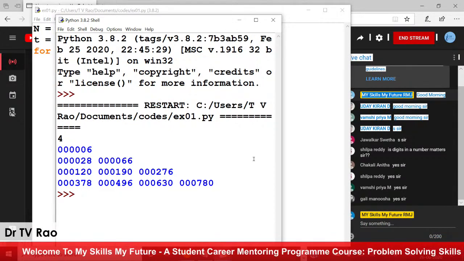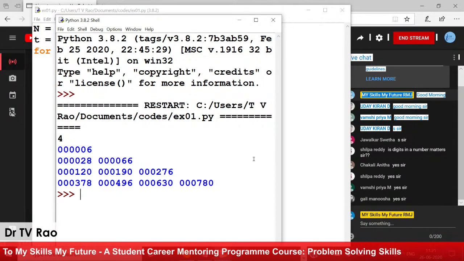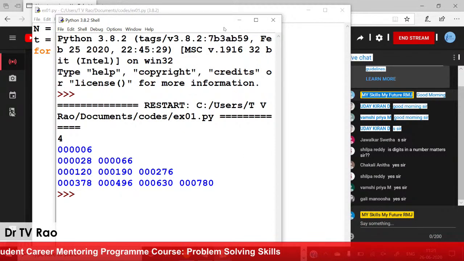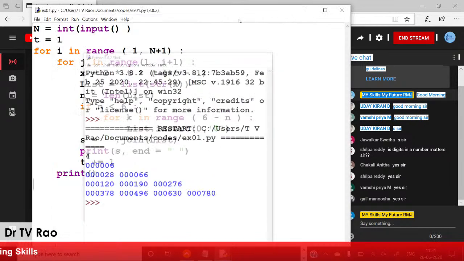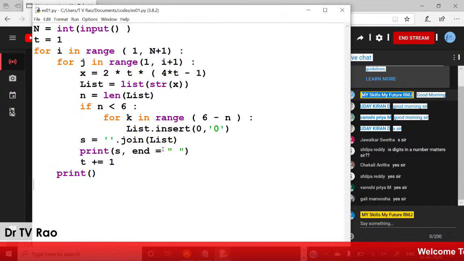So I hope you understand it. And if you want to see the code, you can see it. This is the code, right?